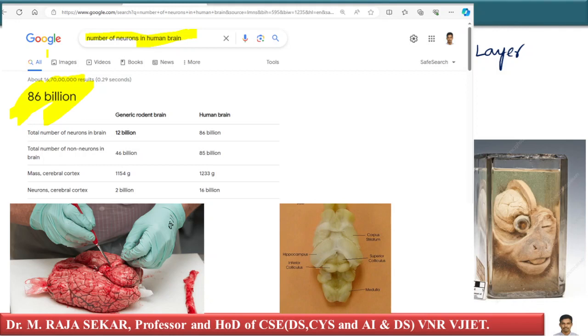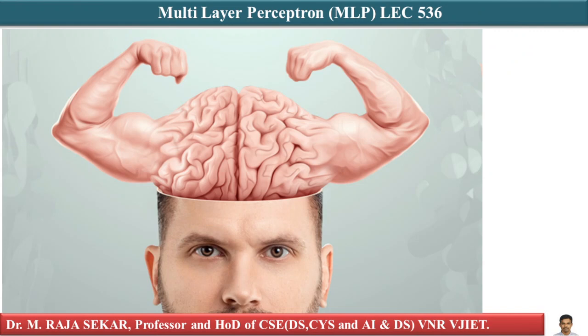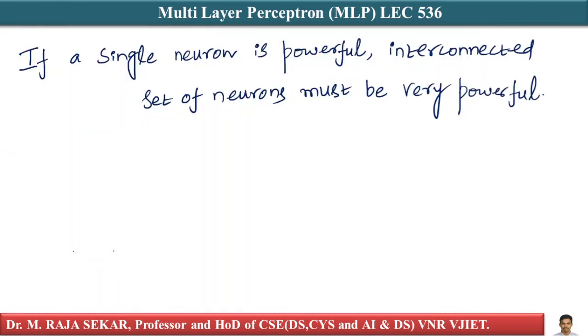The basic artificial neuron, the basic perceptron, was inspired by a biological neuron. They said, what if we can represent the connected structure or network that exists in the human brain, or ant brain or monkey brain? So there was a biological inspiration that if a single neuron is powerful, an interconnected set of neurons must be very powerful.